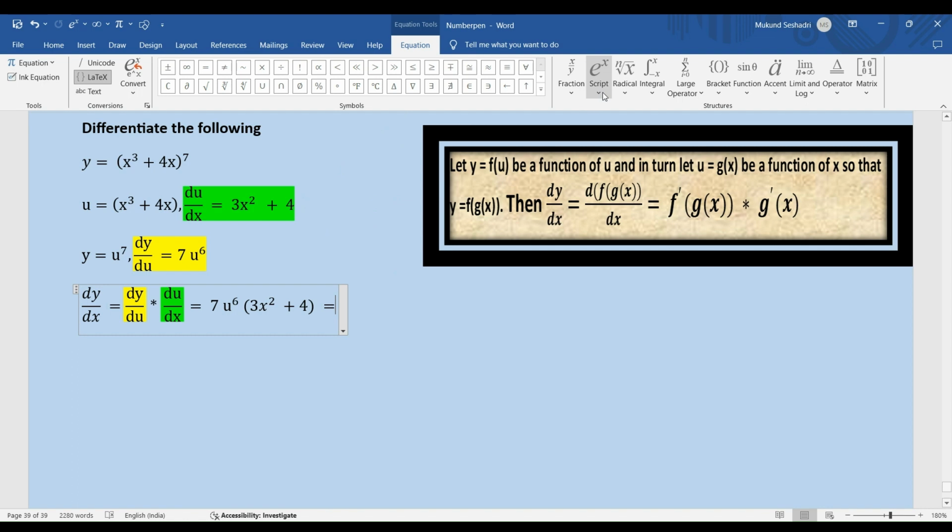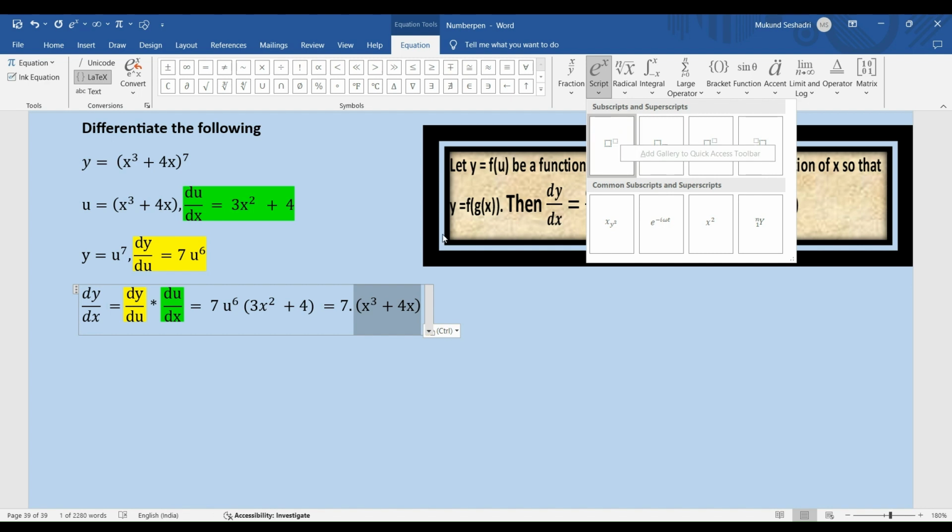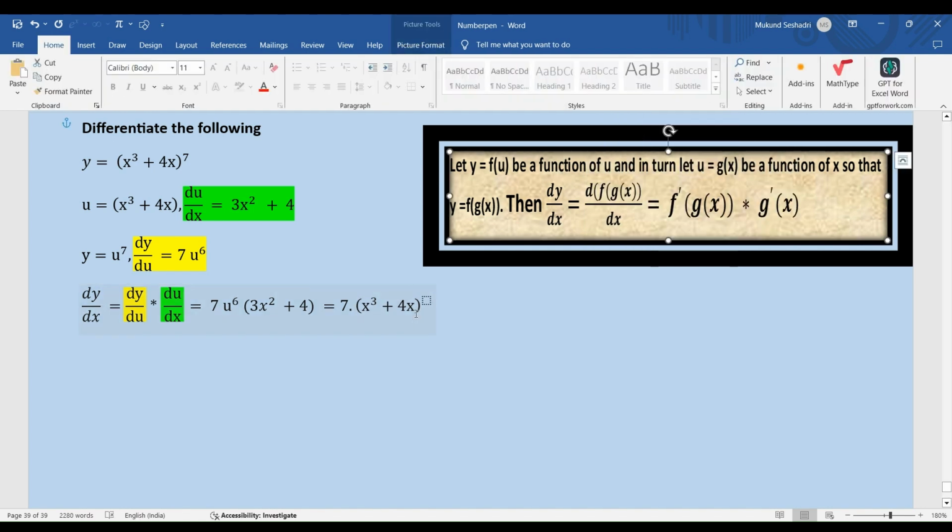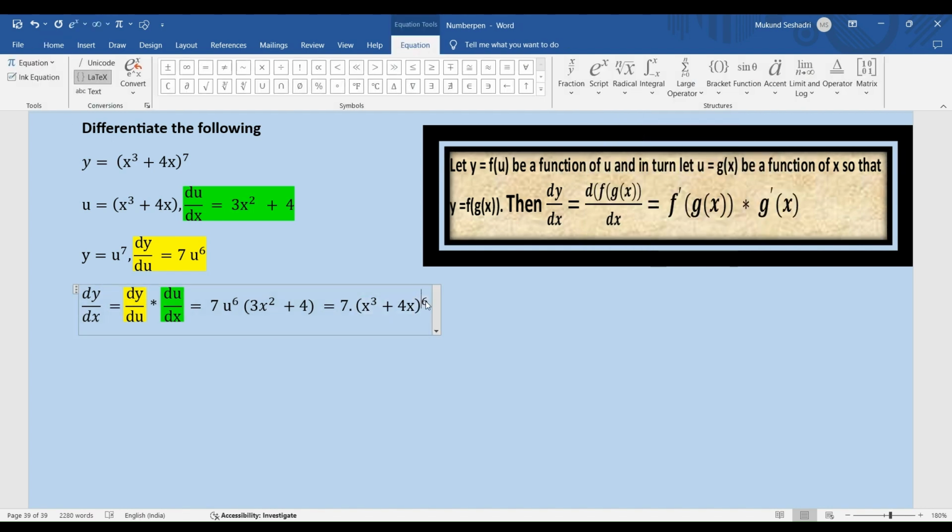I'm just doing the substitution I made earlier. So my u is nothing but x cubed plus 4x. So my final answer is 7 times (x cubed plus 4x) to the power 6 into (3x squared plus 4).